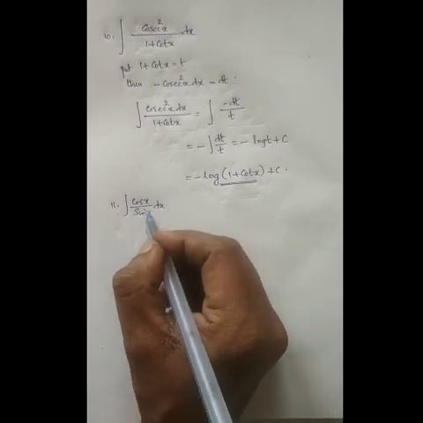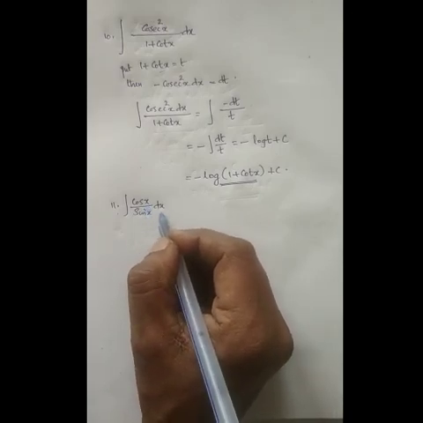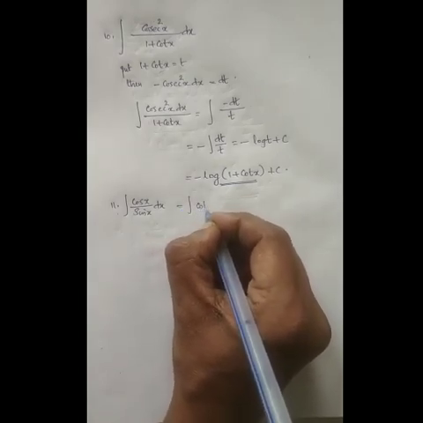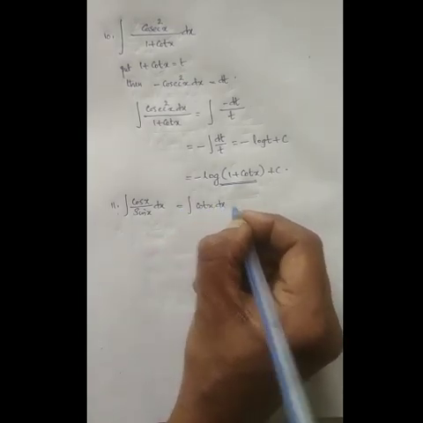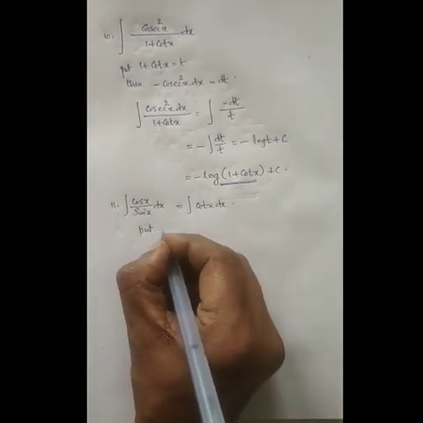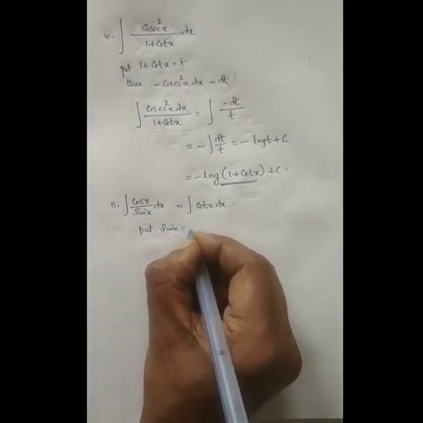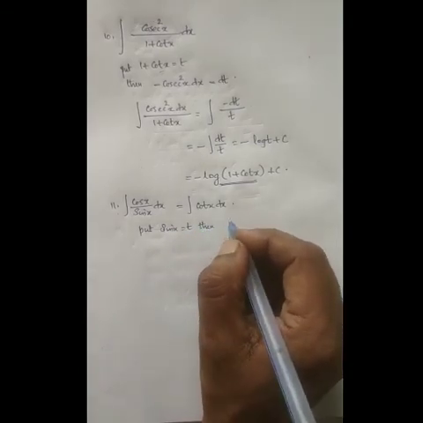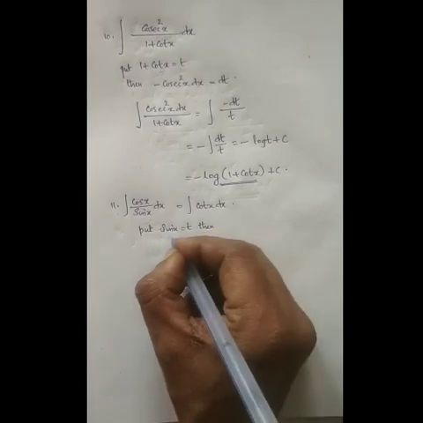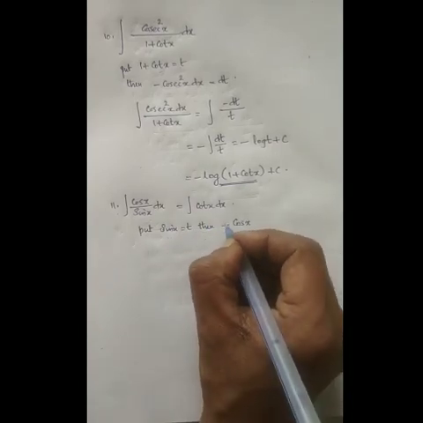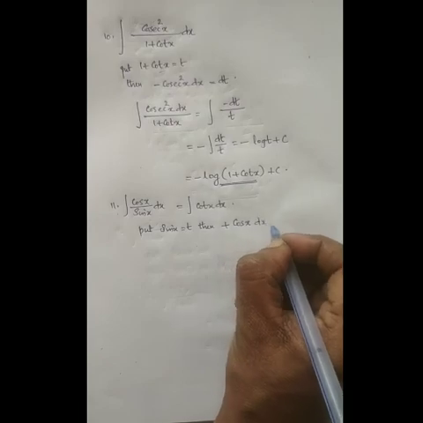Another one, integral of cos x by sin x into dx. It's also equal to integral of cot x dx. For integrating this, put sin x equal to t, and differentiating with respect to the variables, we get differential of sin x is cos x dx equal to dt.